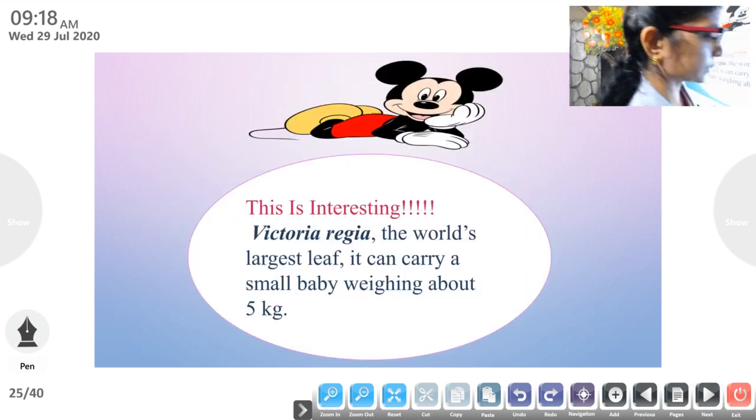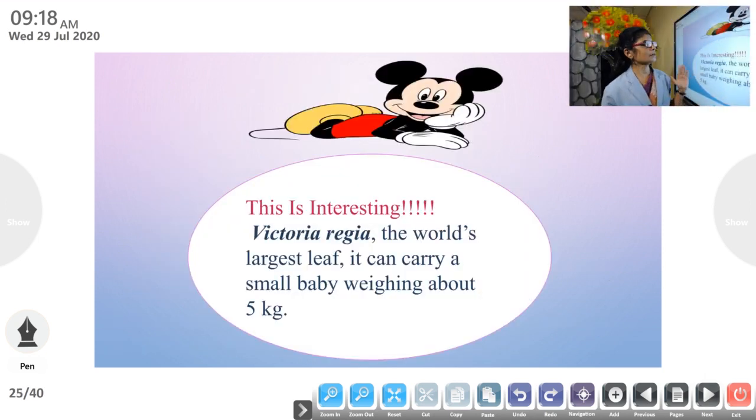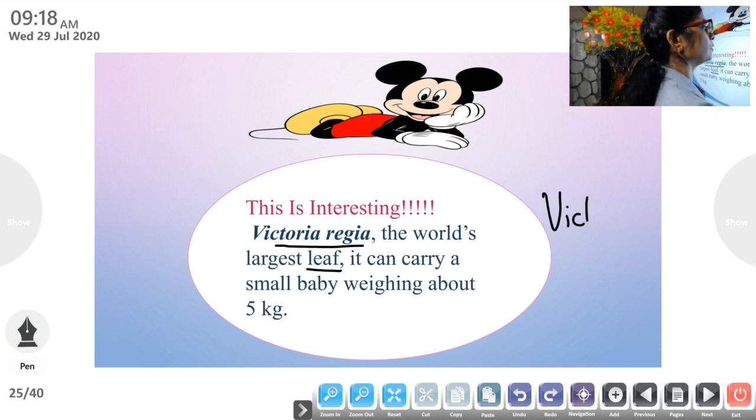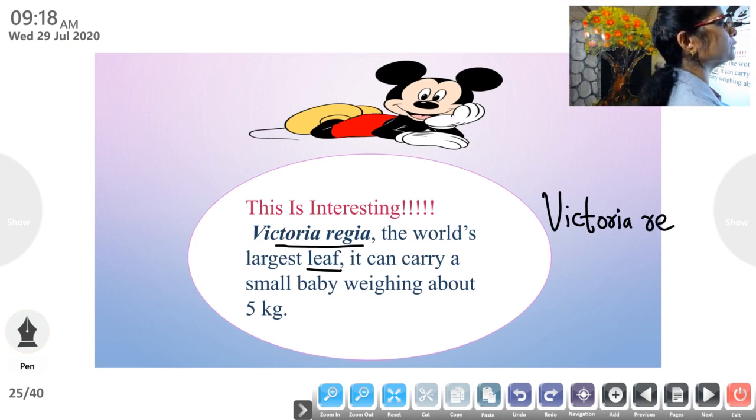Then we move to the next one. Now, this is one interesting thing. Victoria regia. It's the world's largest leaf. Its name is Victoria regia. V-I-C-T-O-R-I-A, Victoria regia.